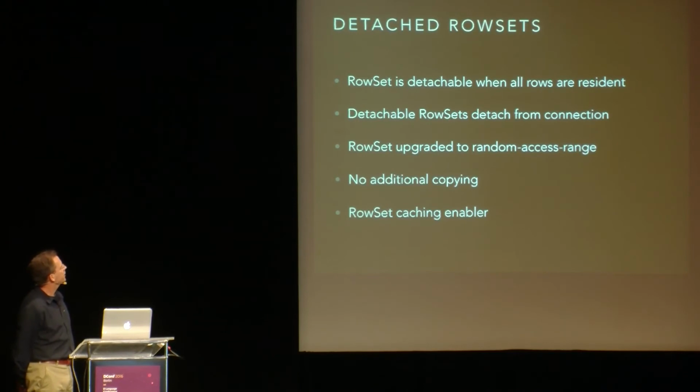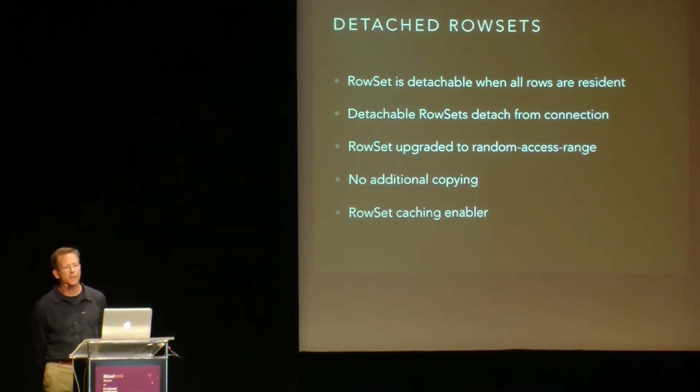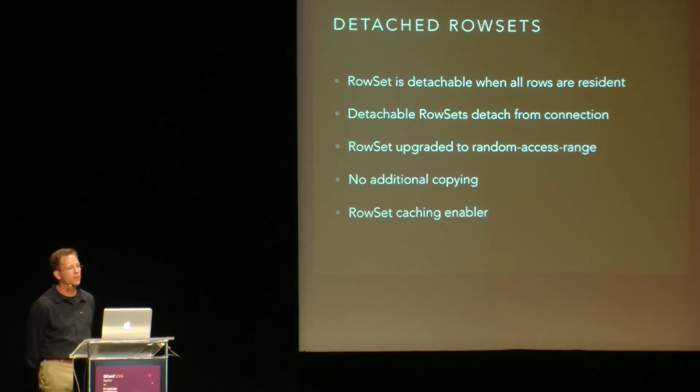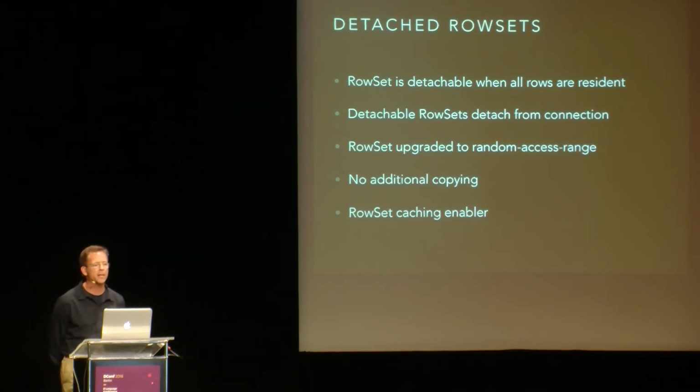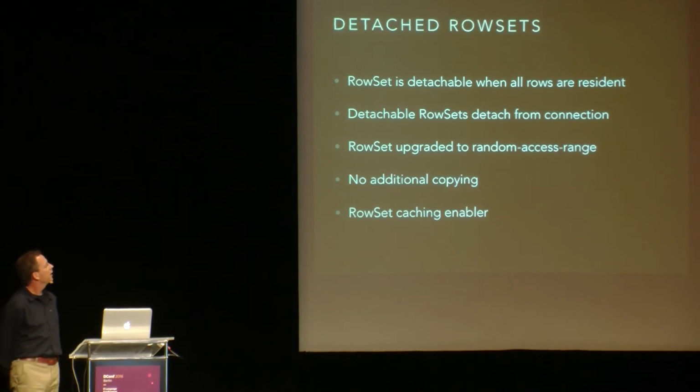What you get for this is that the row set is detached from the connection. So this could have some utility on its own. If you want to have your application start up, do a query, get a row set, that row set can effectively have its own lifespan and does not need to be attached to a connection or any other database resources.